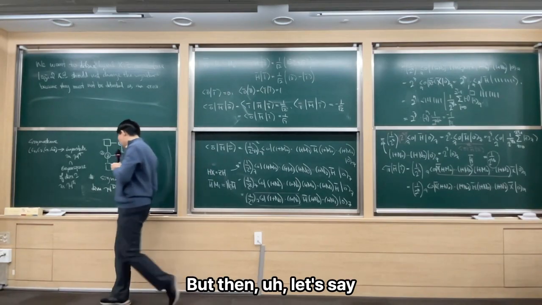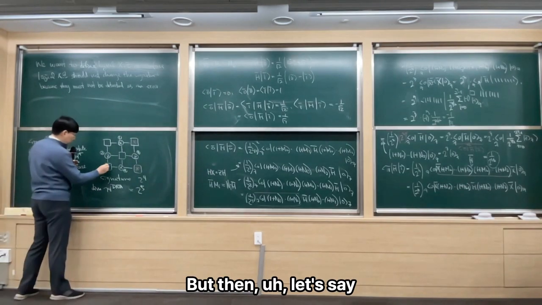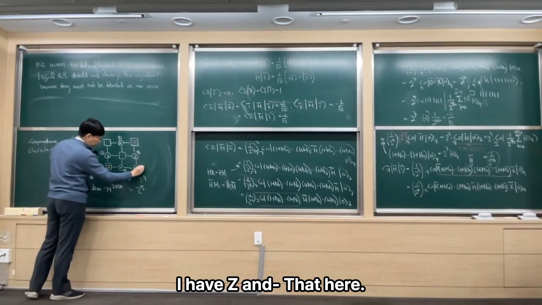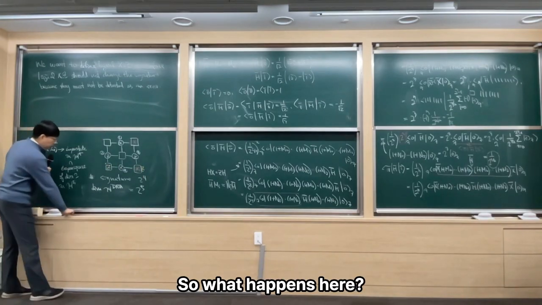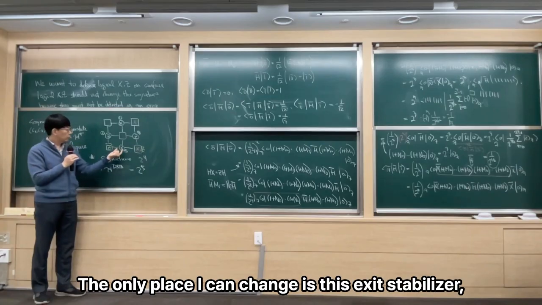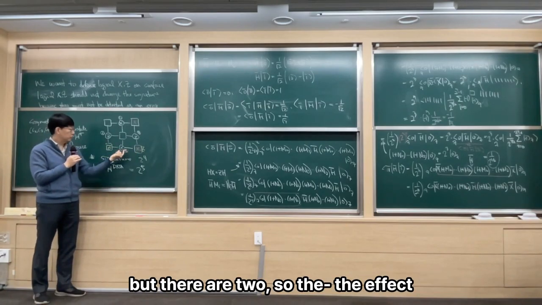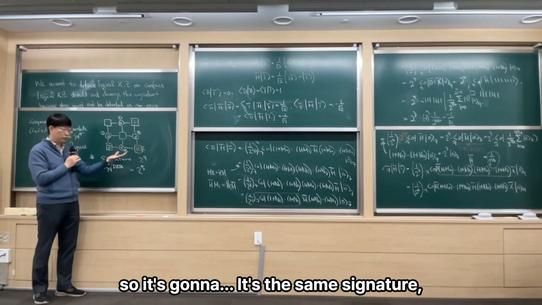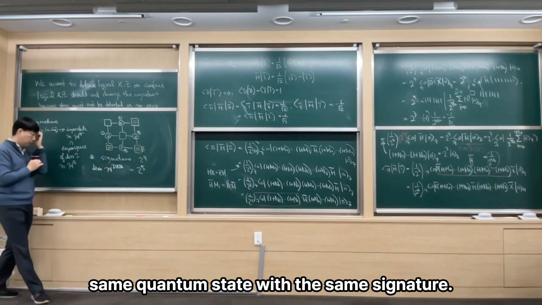But then, let's say I have Z and Z here. What happens? I don't change the signature, right? The only place I could change is this X stabilizer, but there are two, so the effect of changing the signature cancels out. So it's the same quantum state with the same signature.